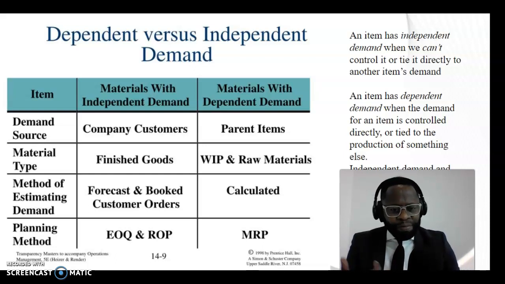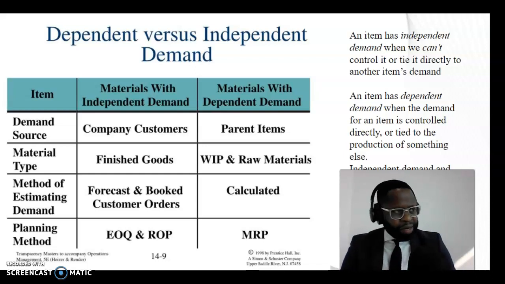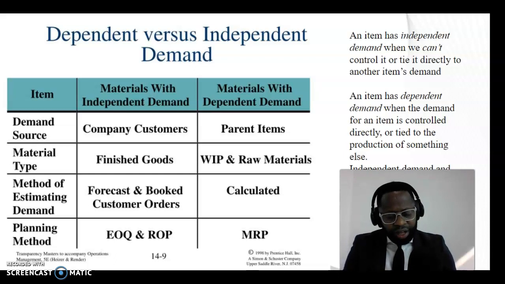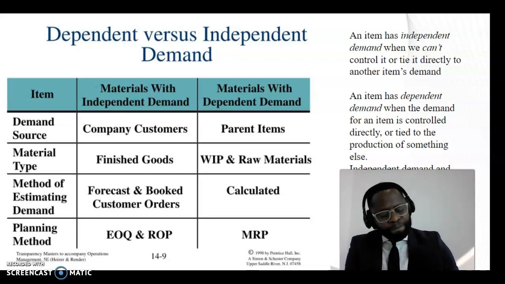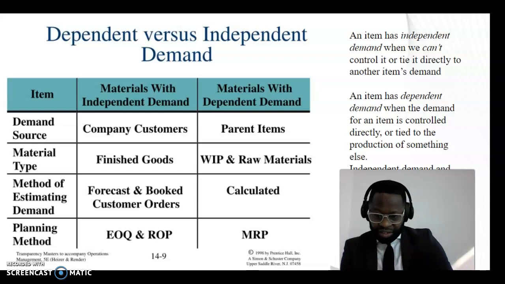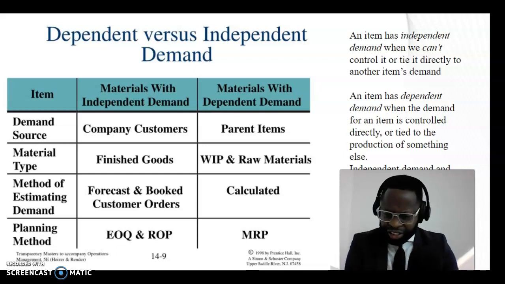You would see this in manufacturing. Dependent demand is quite common in manufacturing, of course. For example, the automobile industry, there's dependent demand when you're assembling planes and cars and so on. And you know what? You will also find dependent demand in the service industry. So it's not really manufacturing alone.